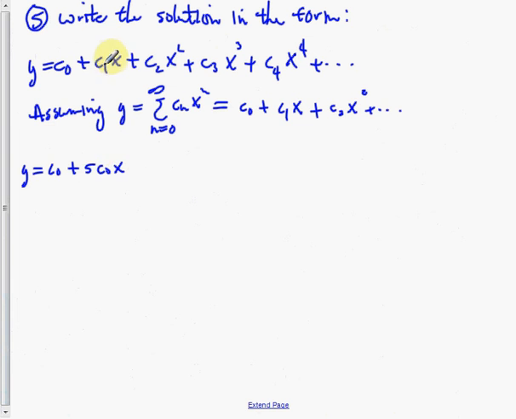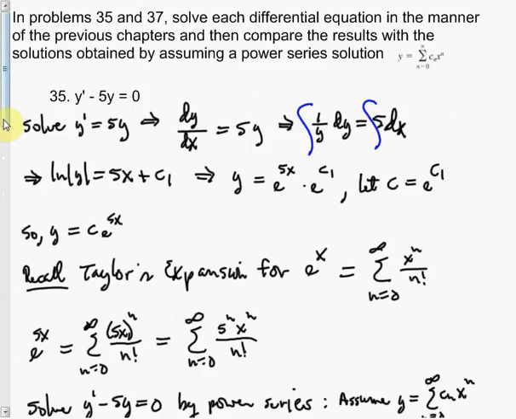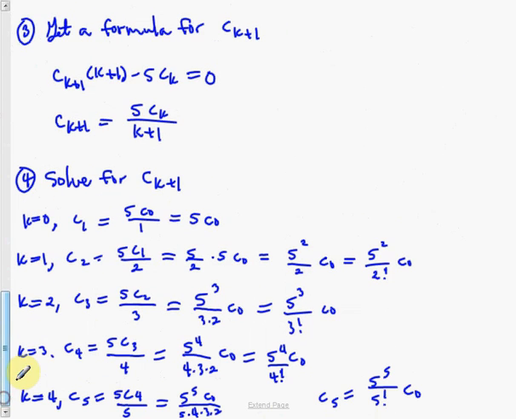I just replace the c sub 1 with 5 c naught times x. Now plus c sub 2. c sub 2 is 5 squared divided by 2 factorial, right, from the previous page. And I think they all had that pattern, right? c sub 2 is 5 squared divided by 2 factorial, c naught. c sub 3 is 5 to the third divided by 3 factorial, c naught, and so on.